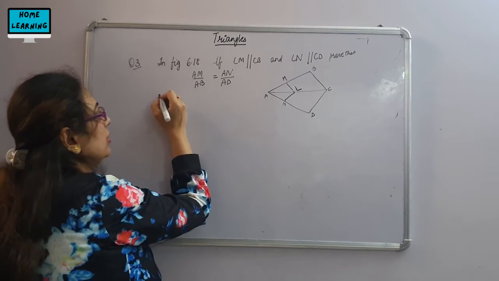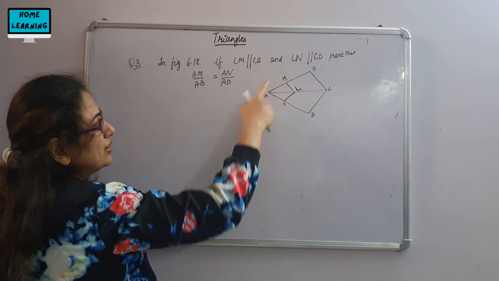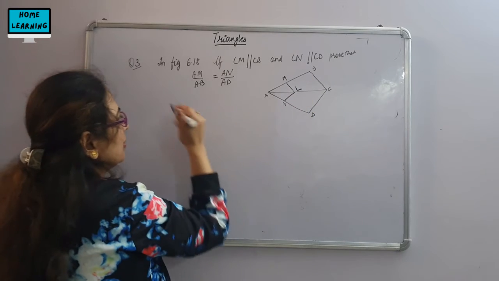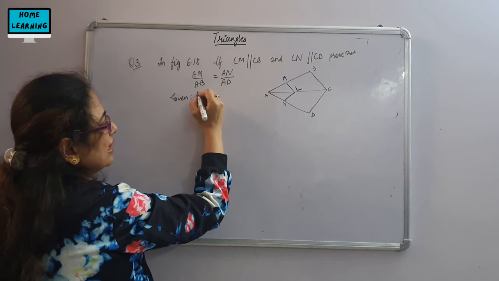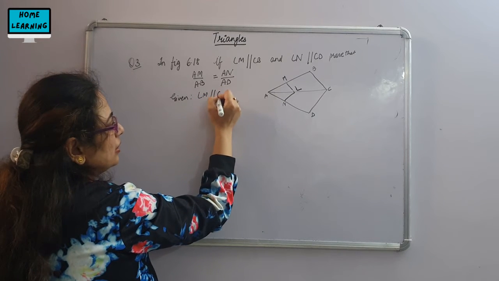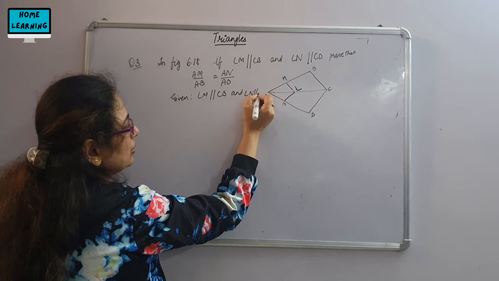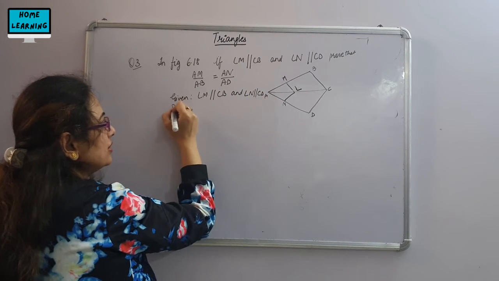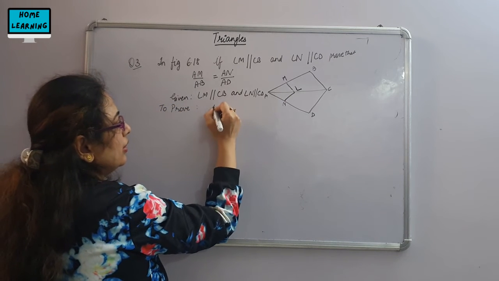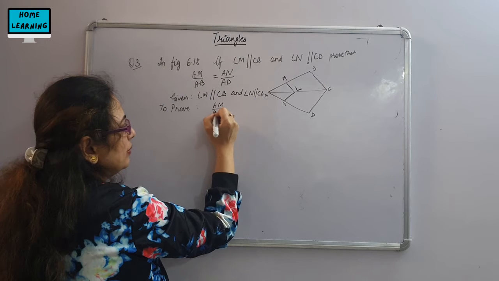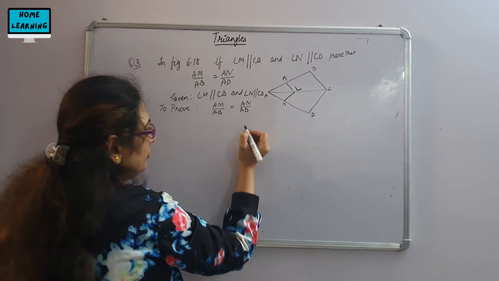I have already told you many times that whenever you are given this kind of question to prove something, first of all you have to write what is given. What is given here? It's given that LM is parallel to CB and LN is parallel to CD. The other thing is what to prove. What you need to prove here is AM upon AB is equal to AN upon AD.